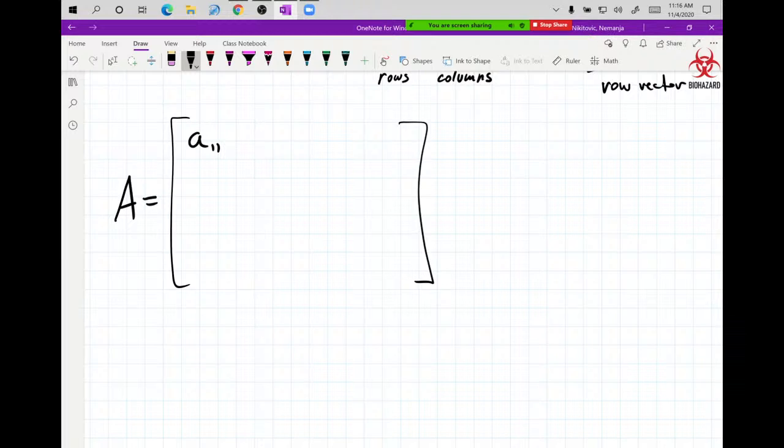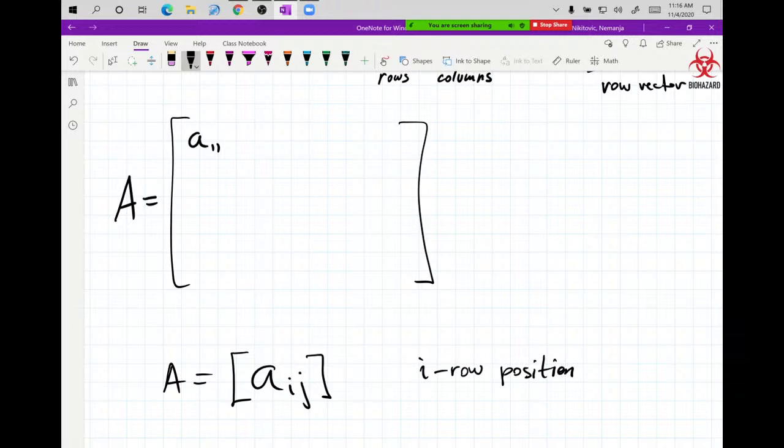So each of these members can be denoted as IJ. We can also call it MN, we can call it whatever. And I is the row position, and the J is the column position.